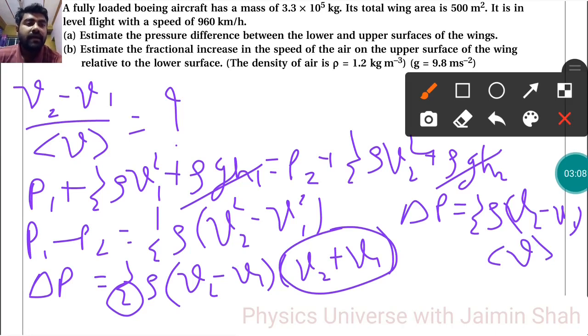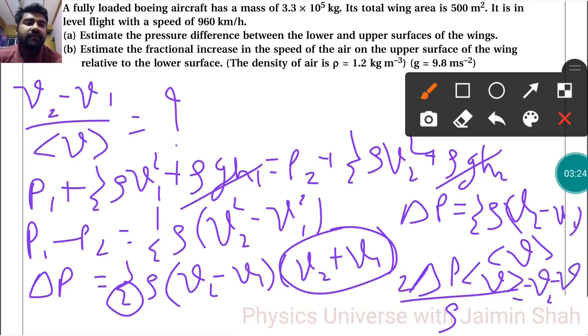So take v2 − v1 as the subject: 2ΔP upon ρ times average v is equal to v2 − v1. So this is our equation.